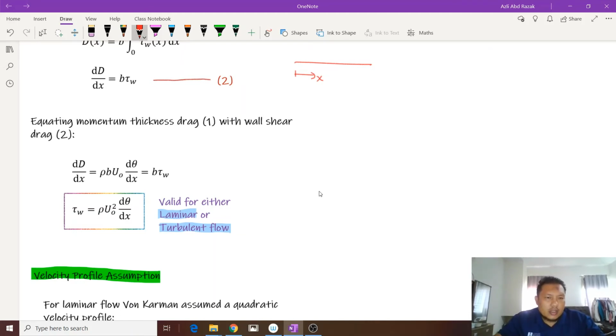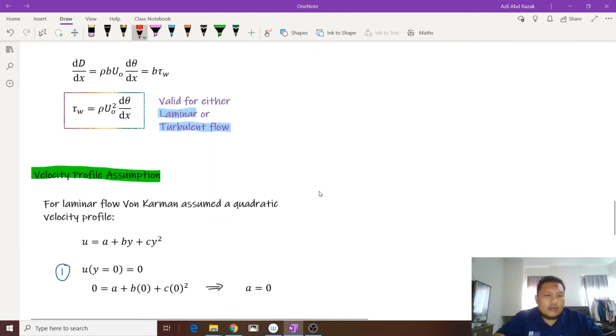So in this case we can write tau wall equals rho u naught d theta dx. These equations can be used for either laminar or turbulent flow. This is valid for laminar or turbulent flow.